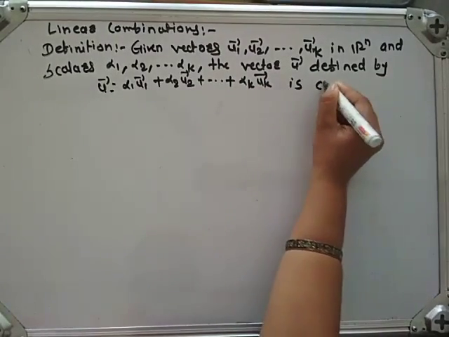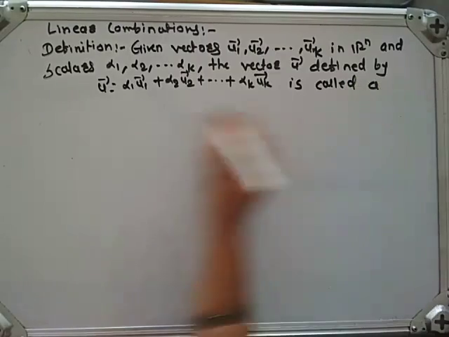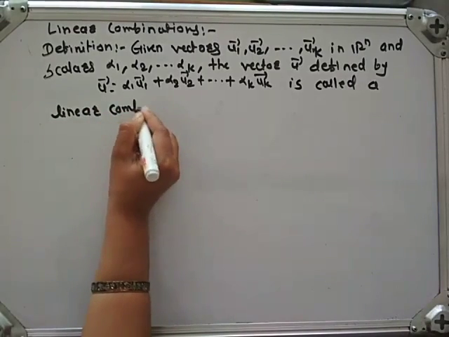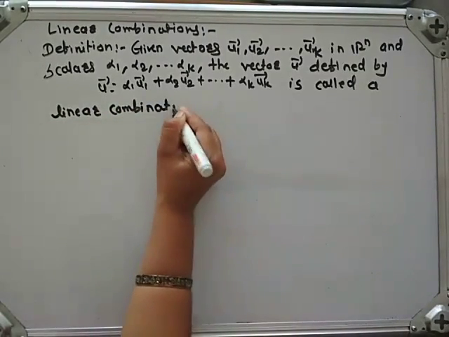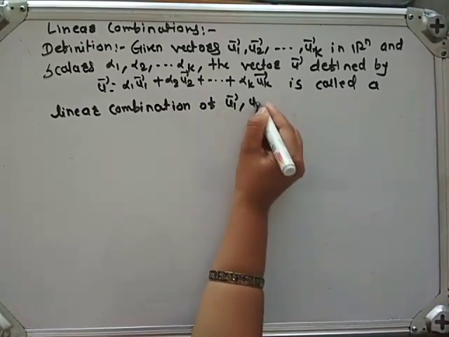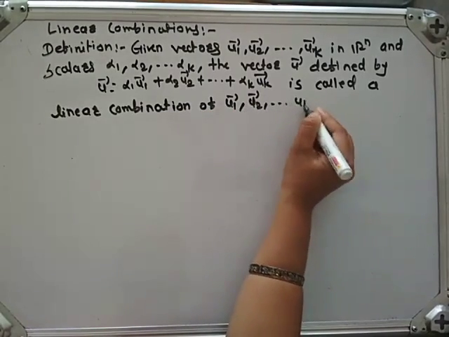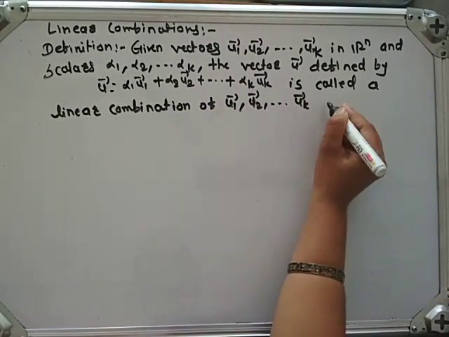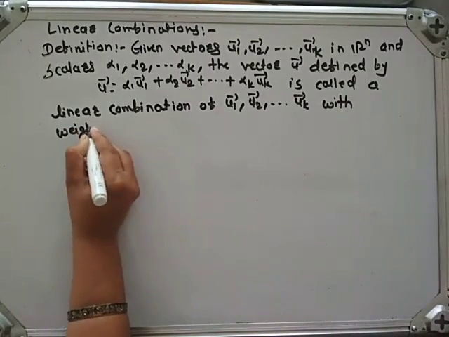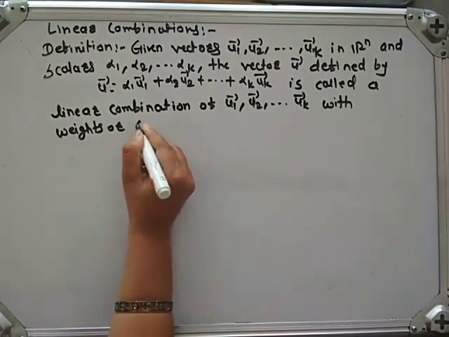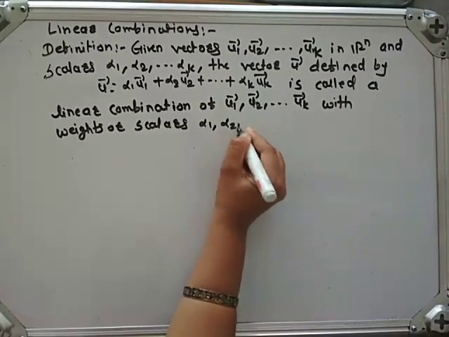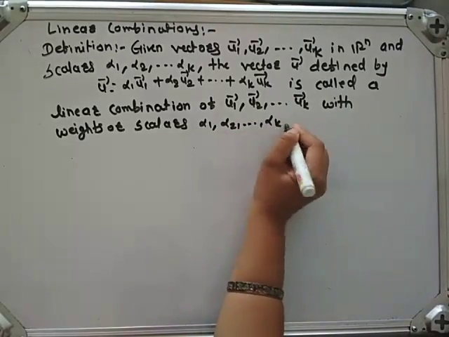It's called a linear combination of u1 bar, u2 bar and so on up to uk bar with weights or scalars alpha 1, alpha 2 and so on up to alpha k.